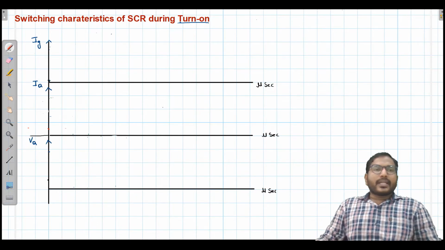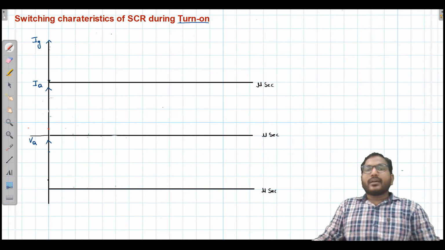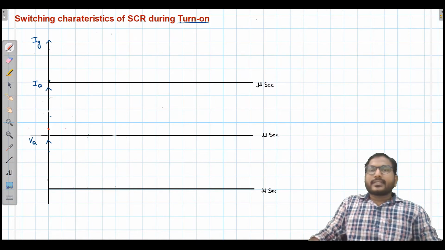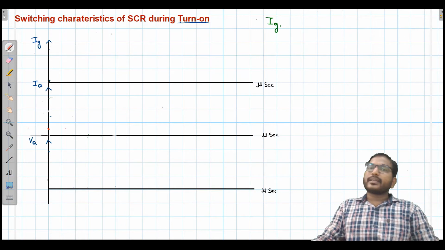Coming to the dynamic characteristics or switching characteristics of SCR during turn on. Here we can observe on the vertical axis Ig, Ia, Va, and on the horizontal axis is the time axis in microseconds. Ig is the maximum gate current, which is enough to turn on the SCR, or rated gate current.